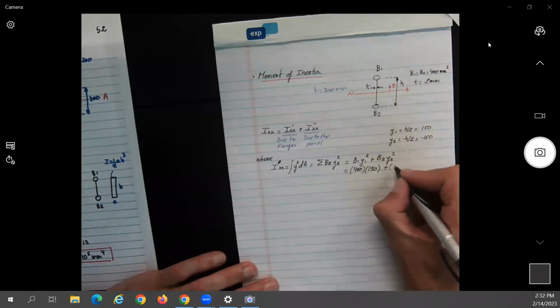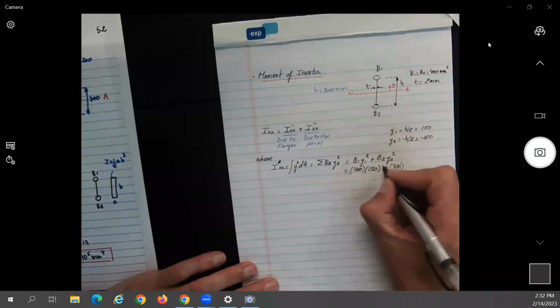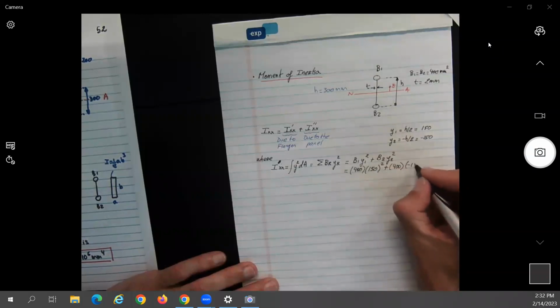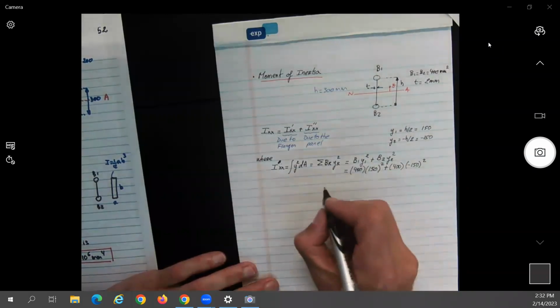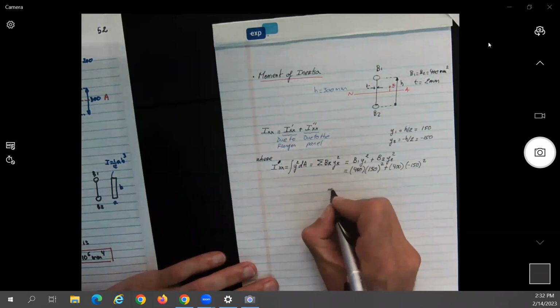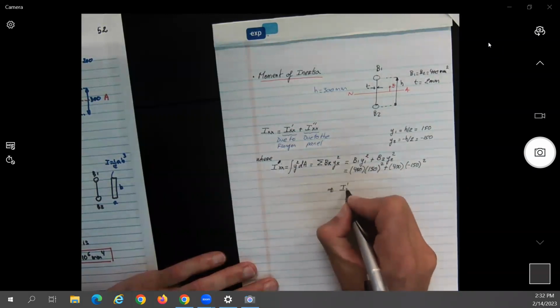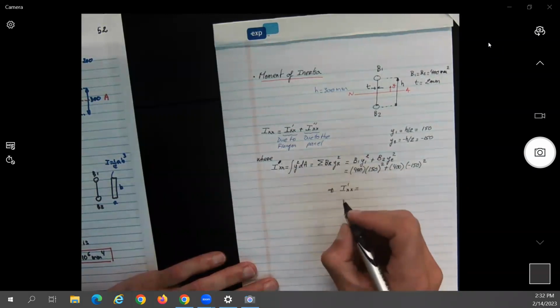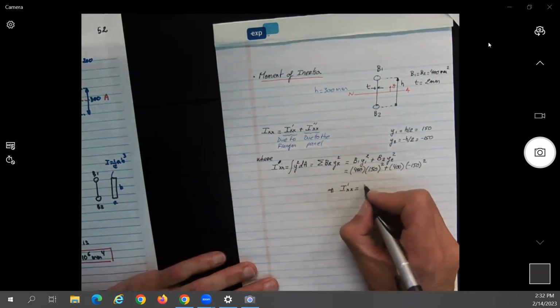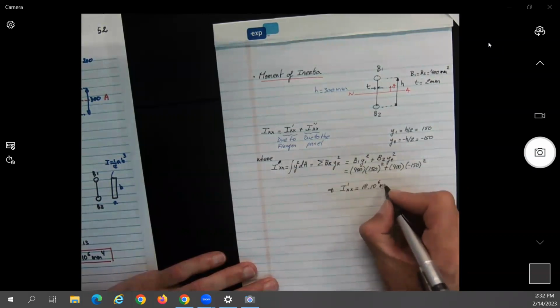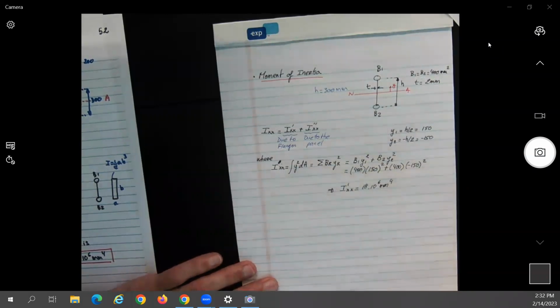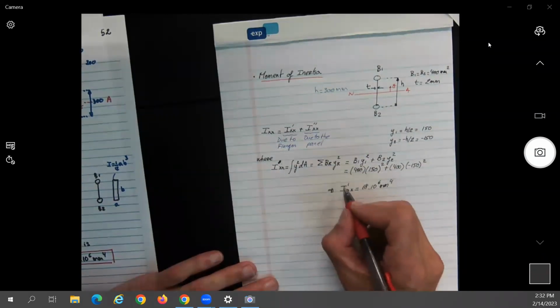And this one will be plus 400, I forgot the square, times minus 150 squared. So if you do the calculation, you get the I prime xx due to the flanges, equal to 18 times 10 to the 6 millimeters to the 4th.